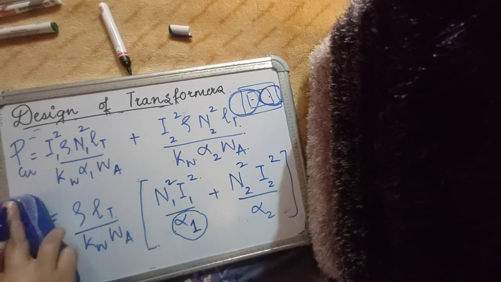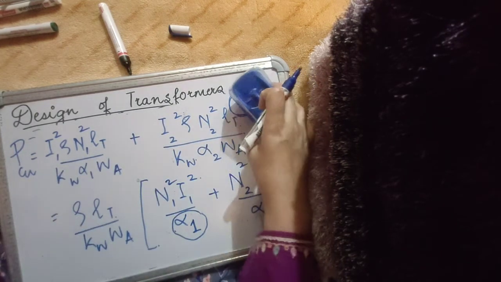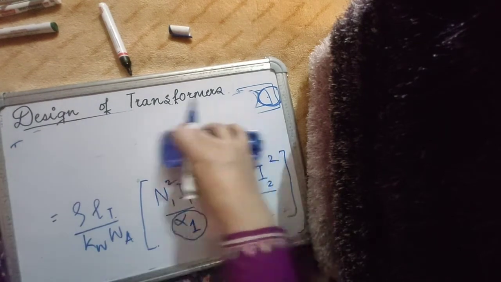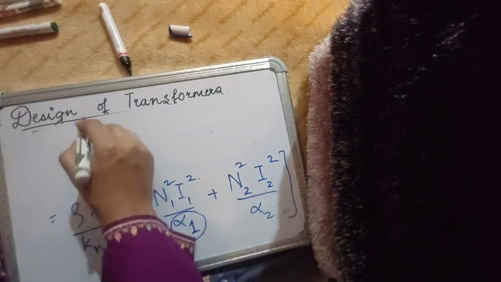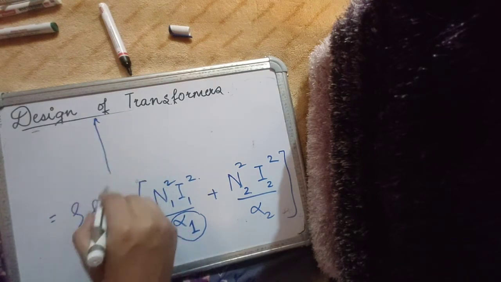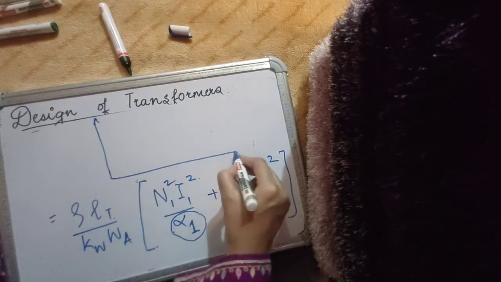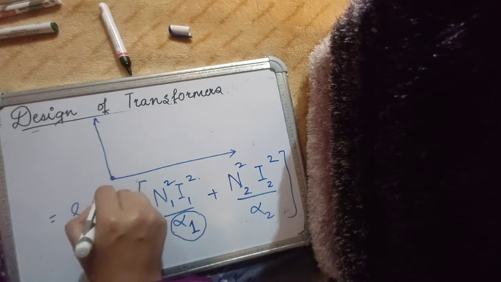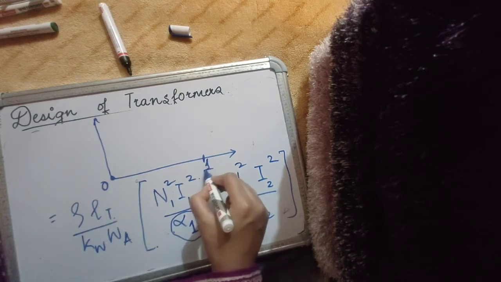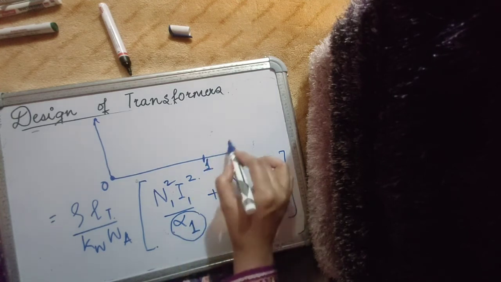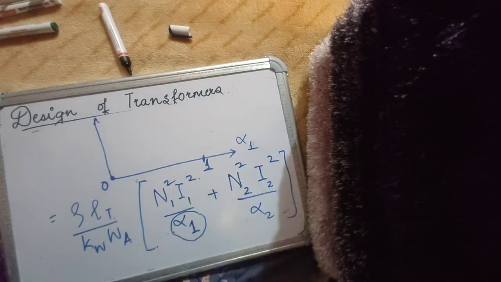Now let's try to plot the copper losses. Say this is alpha 1 equal to 0, or it could go up to a maximum of 1, the entire window area being allocated for the primary winding.